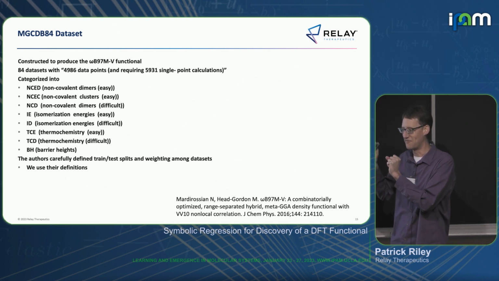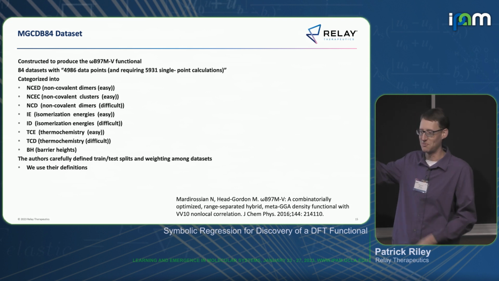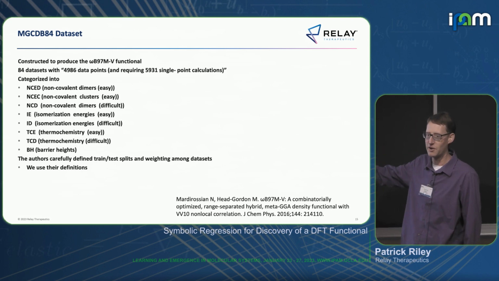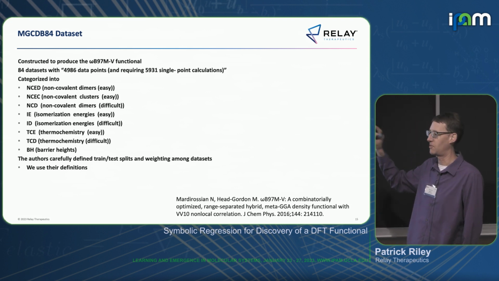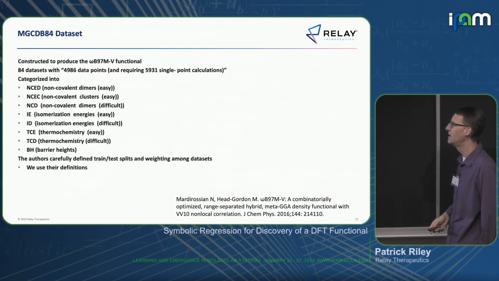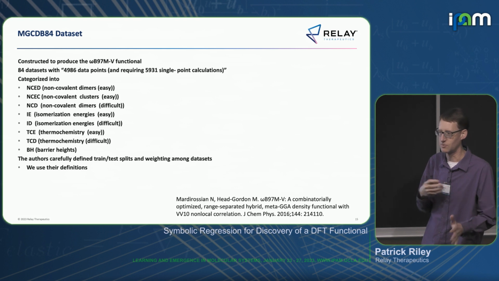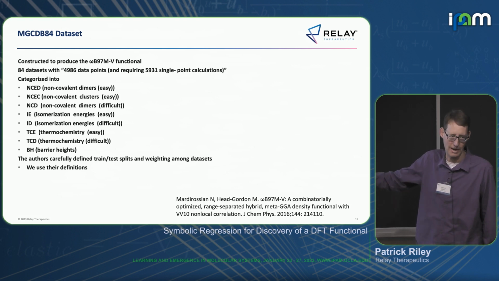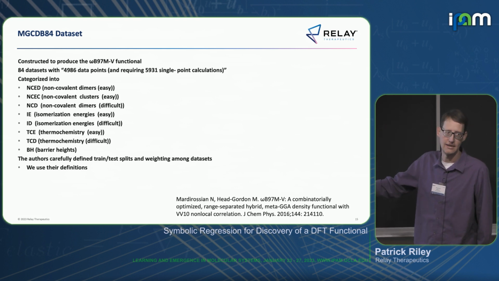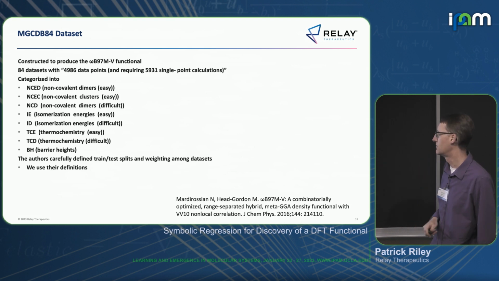So if a DFT functional is working well, it should do a good job across the wide range of these. These are slightly different kinds of problems, different kinds of inputs, et cetera. And they did some careful weighting because there are different sized data sets and so on. So there's a lot of details about how that was all done. We were basically taking the same set of things that came from that data set.